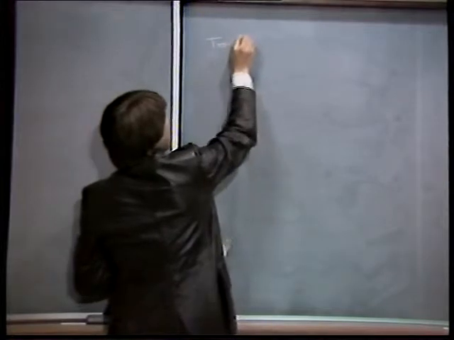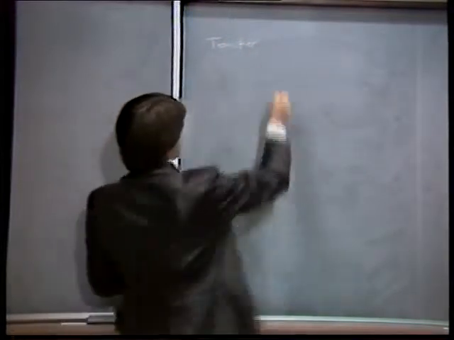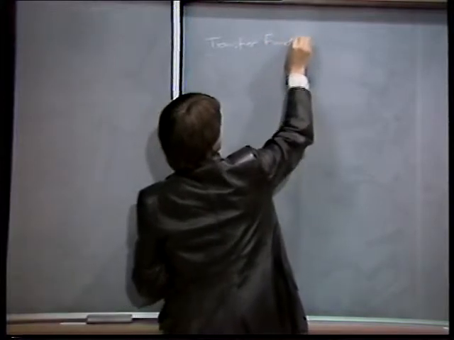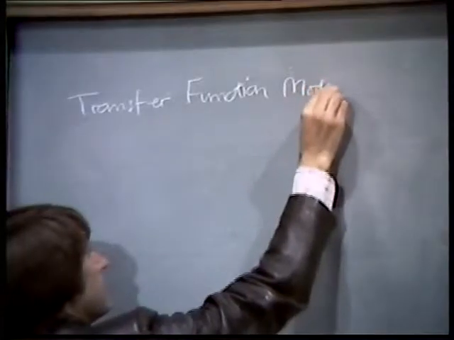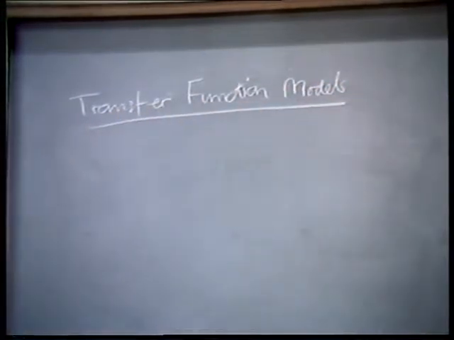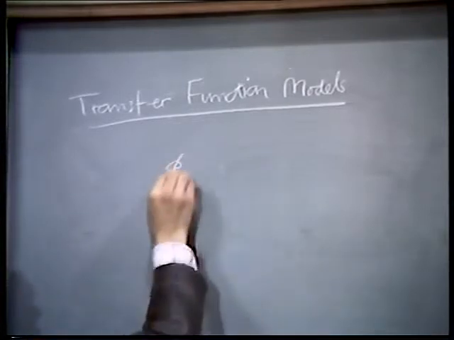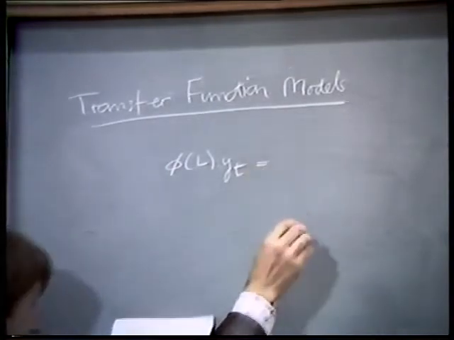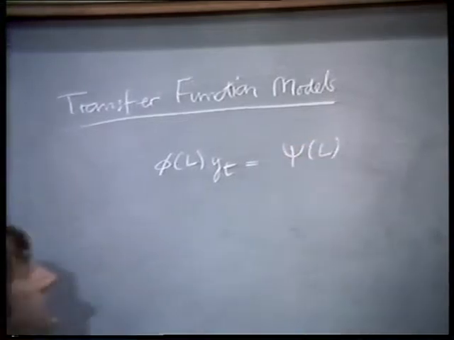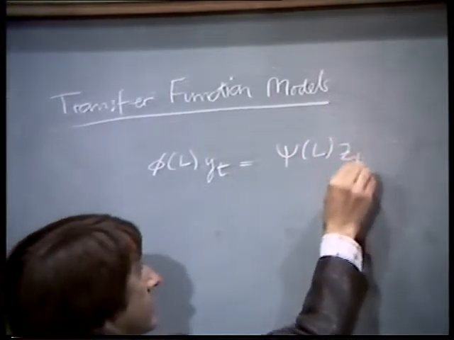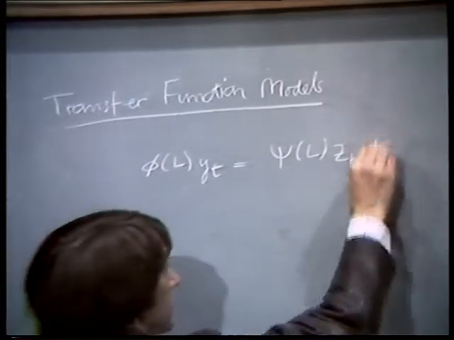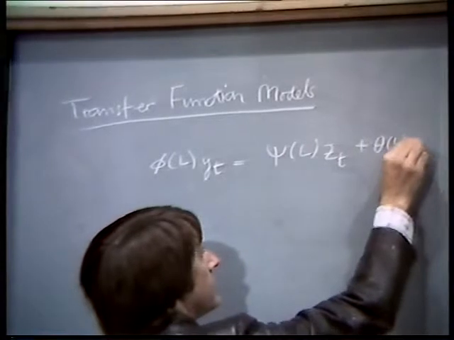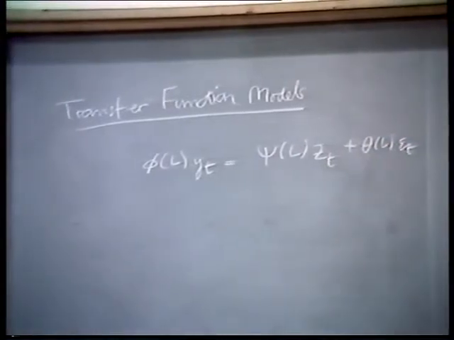If you generalize that and go to transfer function type models, and all I mean currently by that is that we now introduce some other explanatory variables, so that we can have phi of L y_t related to psi of L z_t, and then the moving average error process.